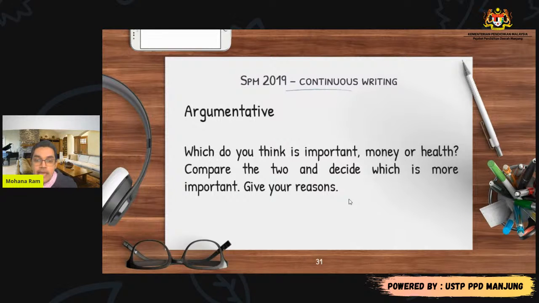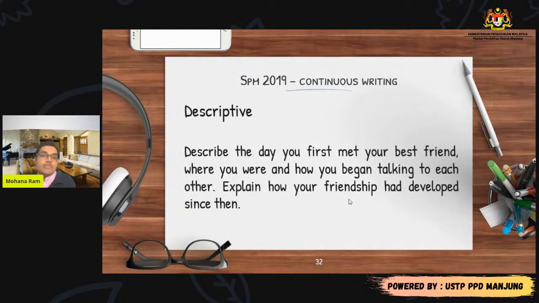Now let us look at the next question. Oh, there's another question actually. Sorry. Descriptive. Describe the day you first met your best friend, where you were and how you began talking to each other. Explain how your friendship has developed since then. So in this question, you are going to describe the day.